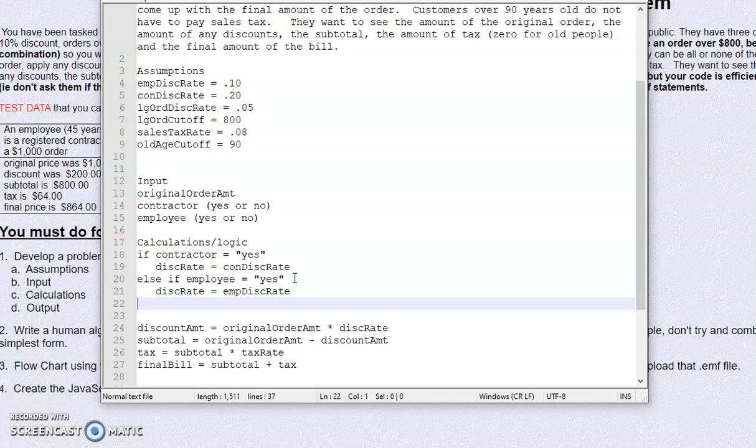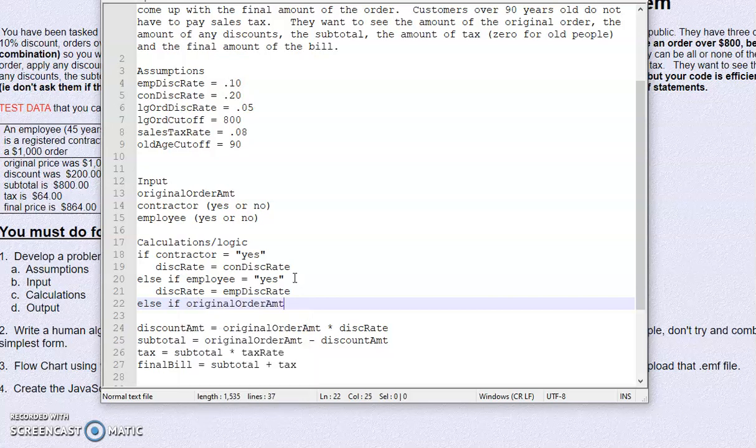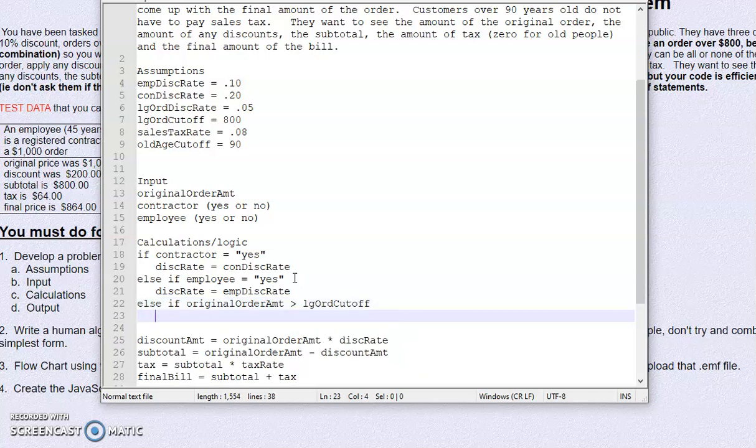So we have to do a third decision. Else if original order amount is greater than the large order cutoff. So if it's over $800, then they get a disc rate of the large order disc rate.